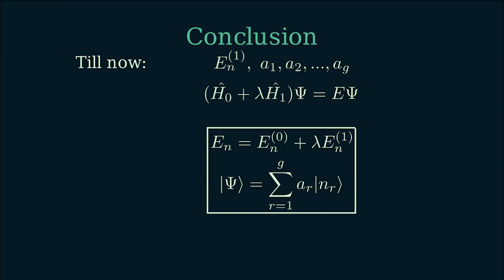The first order energy correction term has been used to obtain an approximation of the first order for the energy eigenvalues, while for the eigenstates, we have only obtained an approximation of the 0th order. Here we have used our coefficients A1, A2 and up to Ag in our sum to create this linear combination of the eigenstates, and thus we have found the 0th order approximation for the wave function psi.